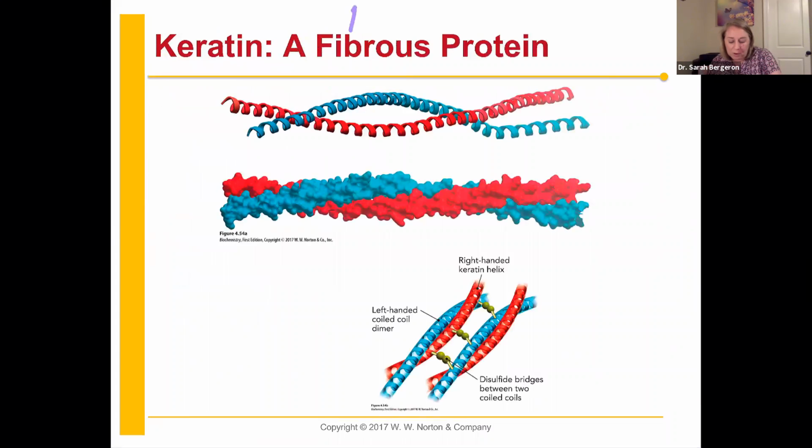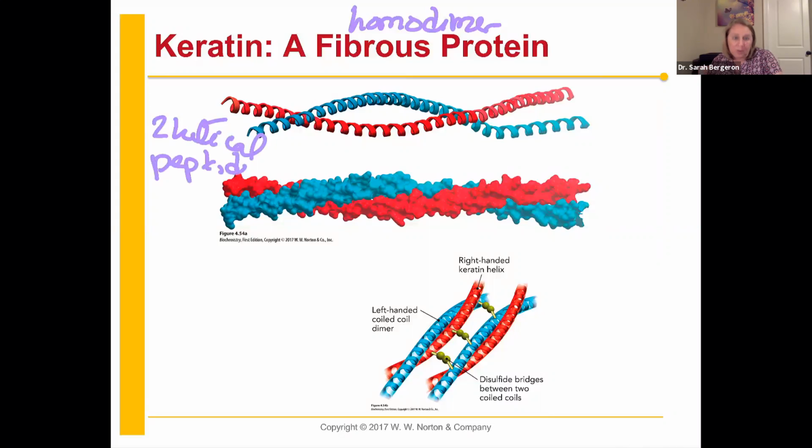So this is a homodimer of 2 helical peptides. So you can see these are 2 helical peptides, right? And they're wrapped around each other. And we call this wrapping around, if you have something that's helical and you have 2 of them and they wrap around each other, we call that a coiled coil. It's a coiled coil.